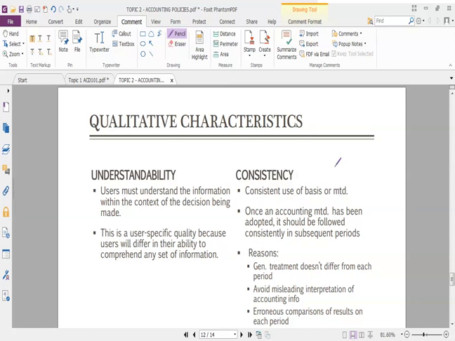That means consistency in how you calculate depreciation; it must be the same as other years. Why do you need to be consistent? Because it is easy to compare between years. That's why you need to prepare the financial statement with a consistent basis or method.